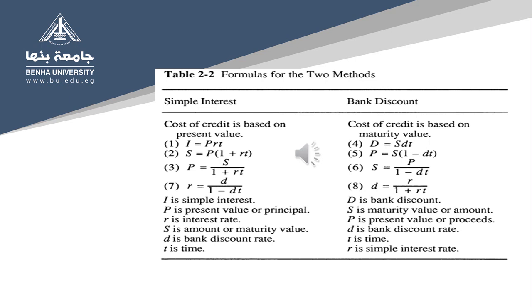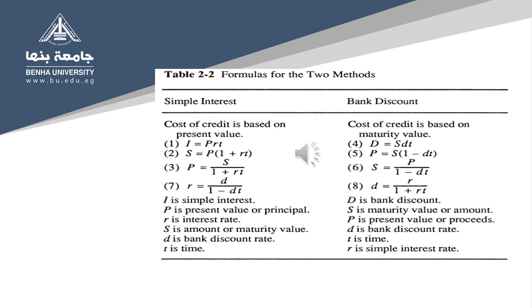The second important equation in chapter number 1 is the amount. S denotes the amount, equal B multiplied by 1 plus RT. The third rule, B equal S over 1 plus RT, and we will go to the next chapter, bank discount.